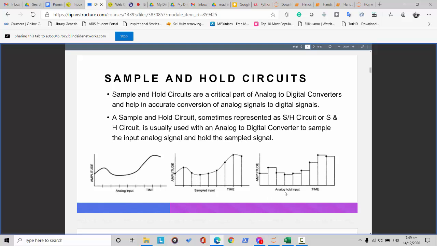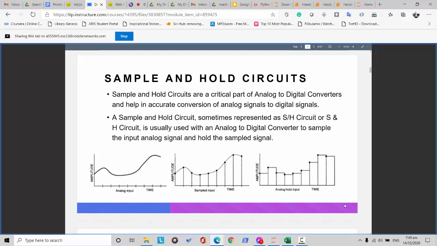And when we say hold, we are locking or freezing the value at a constant level for a specified minimum period of time. To be able to do this, we need an electronic circuit, and that is what we call the sample and hold circuit.